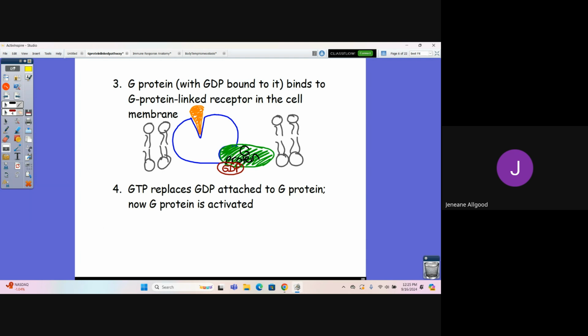I don't know. I didn't make up this pathway, but that's actually what happens. GTP comes along and kind of kicks GDP out and takes its place. And because that G protein now is going to have GTP attached, now it can be activated.